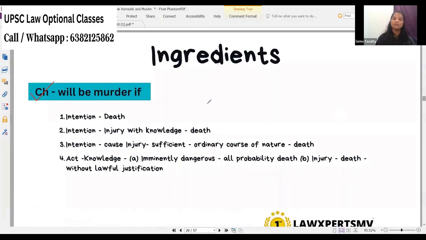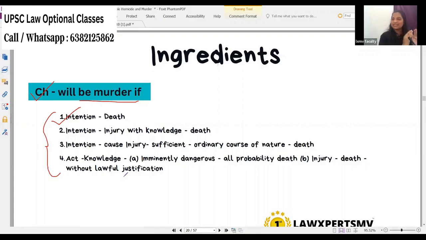So a culpable homicide will turn into a murder if it falls under any one of these clauses. First clause, that is, you cause the death of the person with the intention of causing death. You heard this somewhere, right? It is nothing but the first limb of 299.